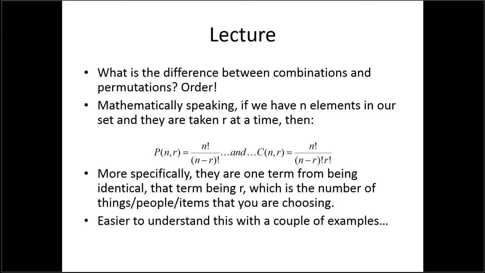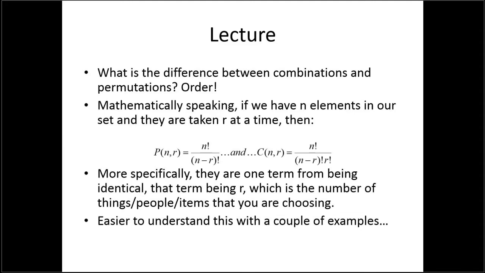Mathematically speaking, and I promise I will go soon from the abstract to the concrete, if we have n elements in our set and they are taken r at a time, then the permutations are n factorial divided by n minus r factorial. And the combinations are n factorial divided by n minus r factorial times r factorial.